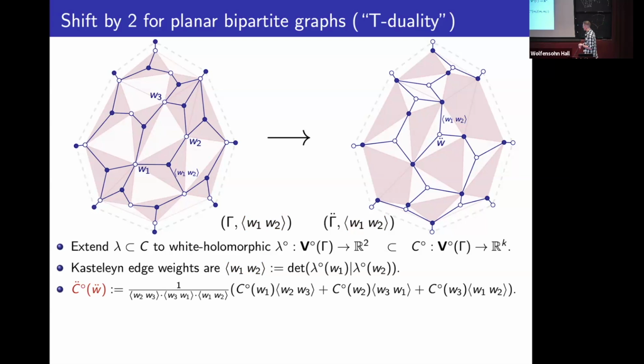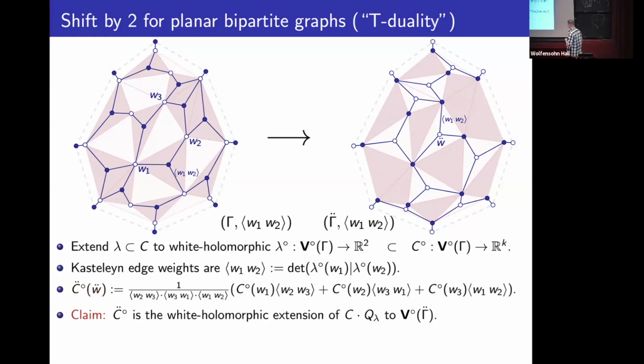The value at the white vertex inside is basically Cramer's rule in the original white triangle. If you plug in lambda into this formula, you're going to get 0. And so you get a k minus 2-dimensional white holomorphic function on the right. The claim is that this white holomorphic function is the unique white holomorphic extension of C times Q lambda.